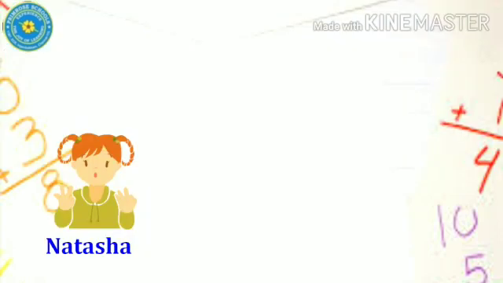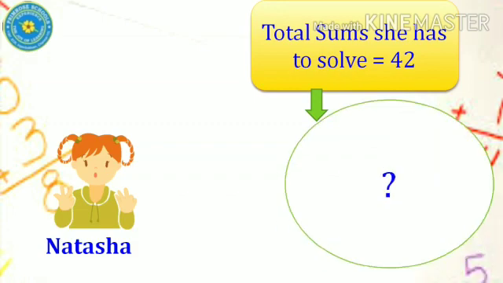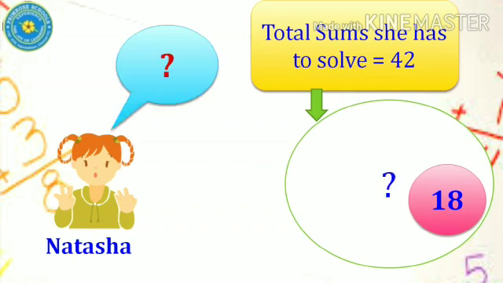So when we draw the sum, we get it like this. So the total sums she has to solve is 42. Am I right? So total she has to solve is 42, out of which she has completed some amount and only 18 is left.